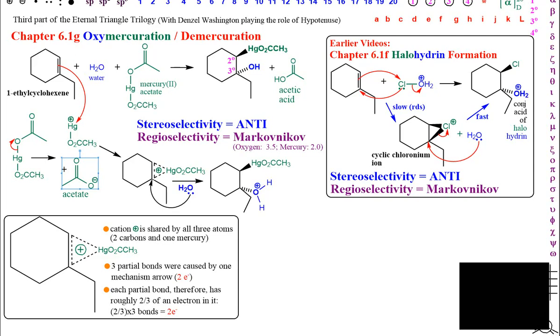So our next step is for this acetate ion right here to grab the H from this oxonium. That will generate both the acetic acid and the alcohol right here.